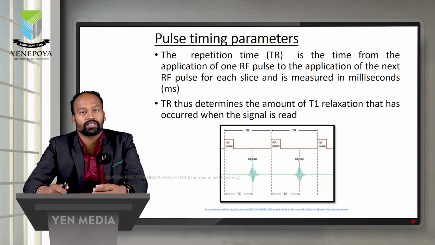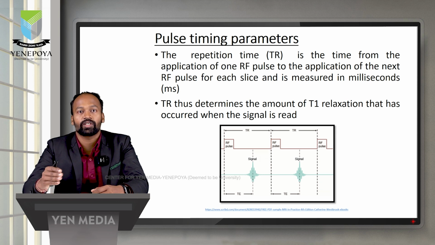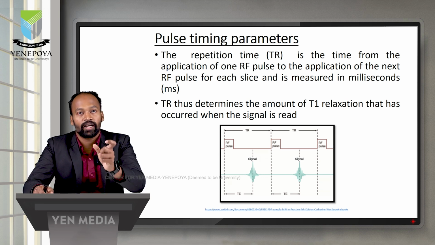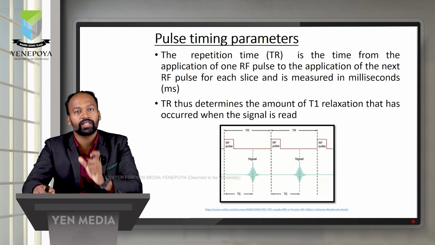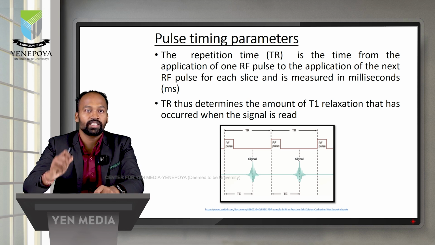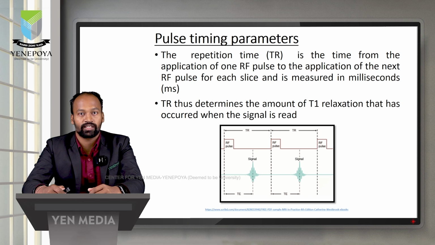The time in between, measured in milliseconds, is known as the TR, the repetition time. TR determines the amount of T1 relaxation that has occurred when the signal is read.